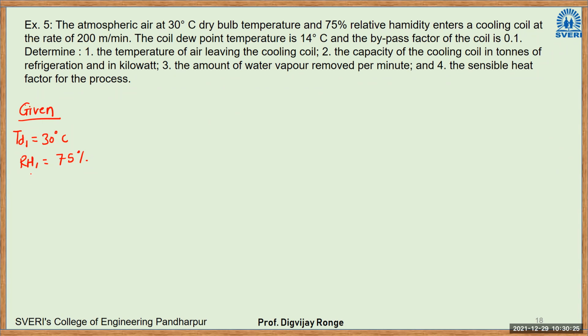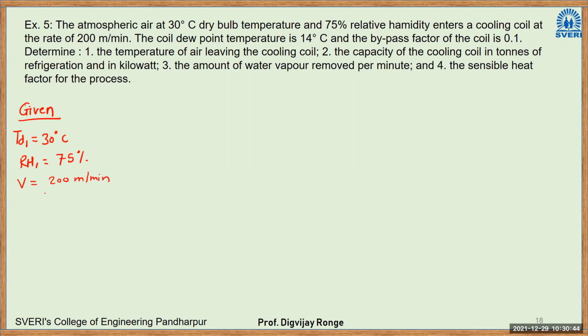It is entering the cooling coil at the rate of 200 meter per minute. So that may be the velocity, which will be equal to 200 meters per minute. We can convert this into meter per second, no doubt.